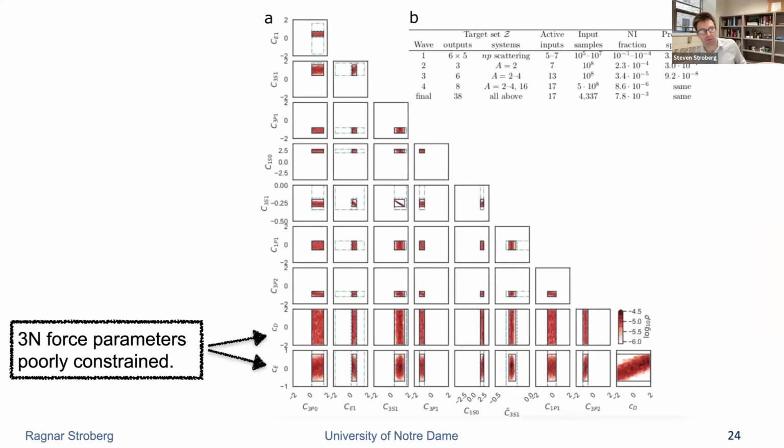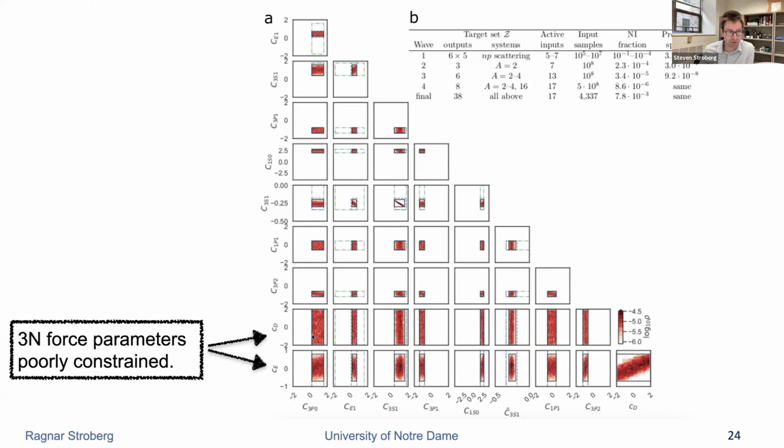Here's a realistic implementation of this, showing some of the different low energy constants that enter into the chiral EFT at N2LO. You can see that there are actually fairly narrow ranges dictated just by the data, looking predominantly at NP scattering and then few body systems.